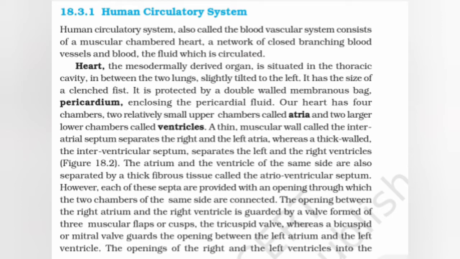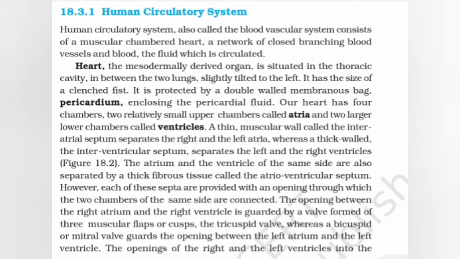The atrium and the ventricle of the same side are also separated by a thick fibrous tissue called the atrioventricular septum. However, each of these septa is provided with an opening through which the two chambers of the same side are connected.